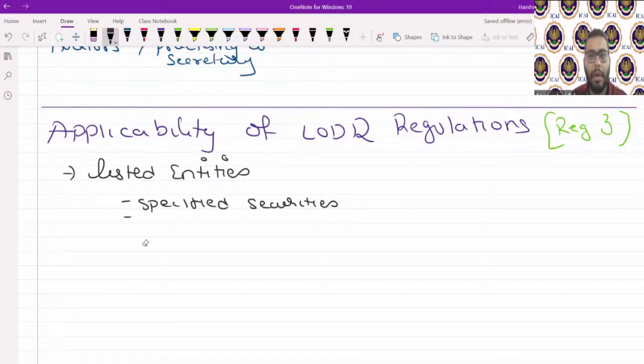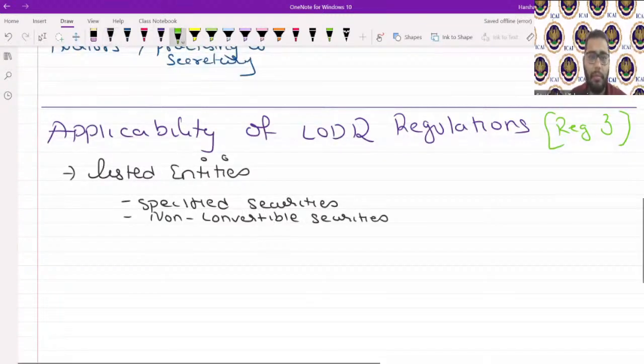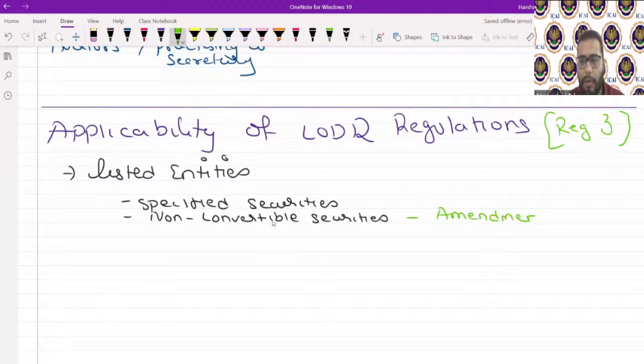Second, non-convertible securities. Now this is the amendment. Earlier it was not there, now it is there.